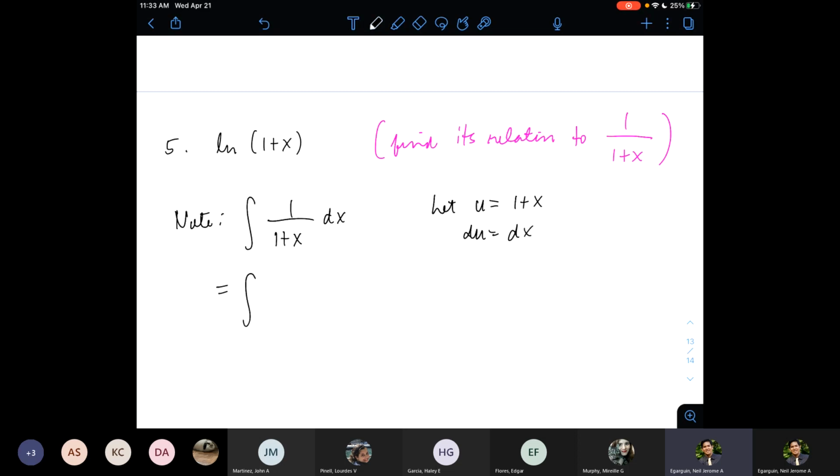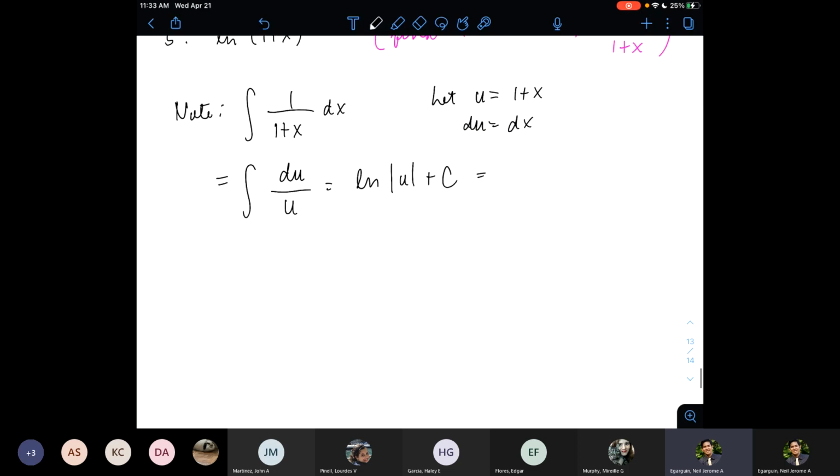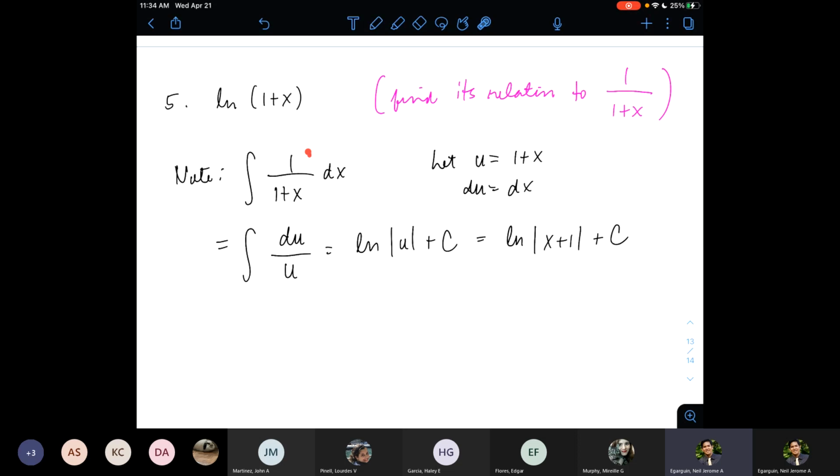So this will be the same as du over u, which is ln of the absolute value of u plus c. So this will just be ln of x plus 1 plus c, right? That means we know the series expansion for this guy, at least for x's whose magnitude is less than 1. So I can integrate that series in order to get an expansion for the ln of 1 plus x.